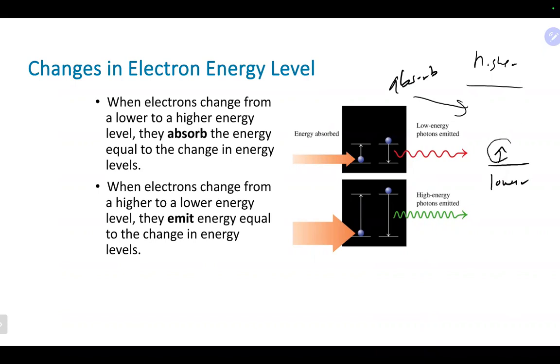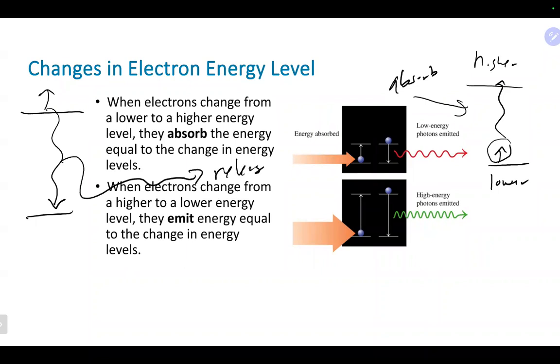So in order for this electron to work its way up, the atom has to absorb energy. The opposite is true if our electron is starting at a higher energy level and needs to work its way down. It needs to actually release or emit energy, basically. It has to give off the energy from the atom to allow that electron to come back down.